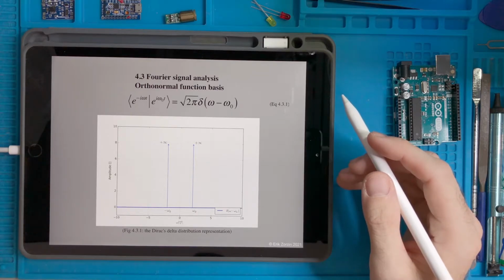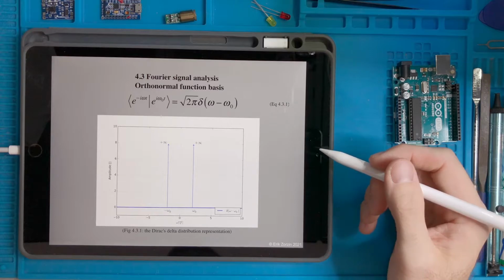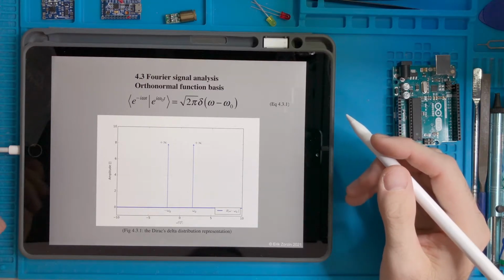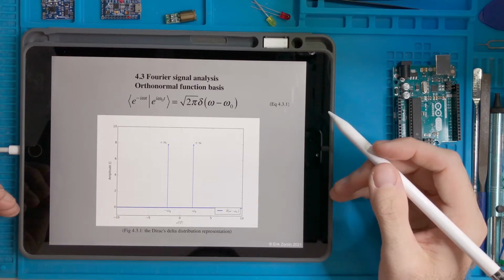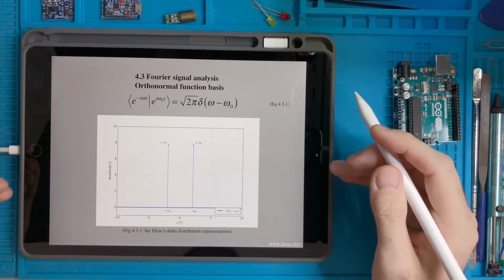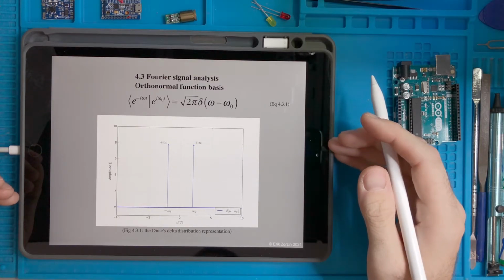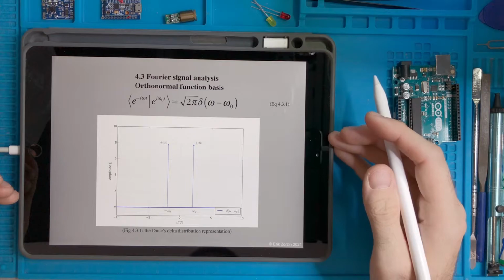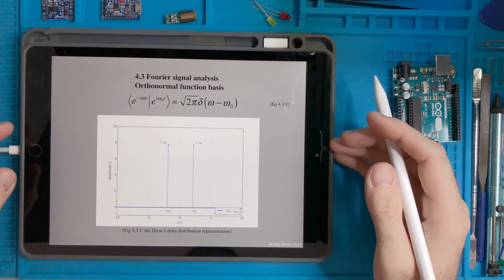So we need to choose some functions that are good to be the basis of a vector space. Those functions that we choose as basis have to have some properties. One good property they can have is that they should be orthogonal and they should be unitary. So those vectors corresponding to those functions should be orthogonal to each other and also have unit length.